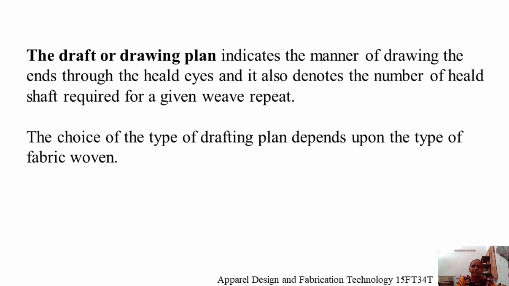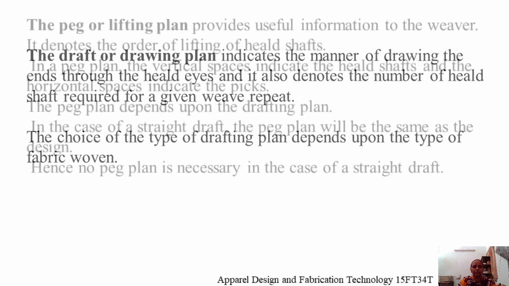That is the indication of how the warp yarns are raised by forming the shed through the harnesses. The choice of the type of drawing plan depends upon the type of fabric woven. That is, depending upon the type of weave we are going to weave in that loom, that indicates the draft plan or the drawing plan.